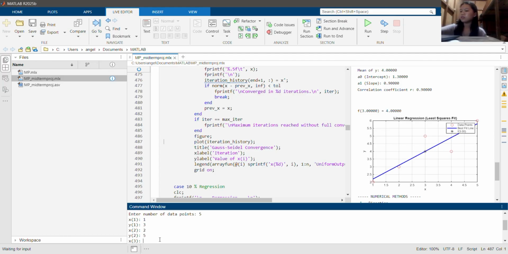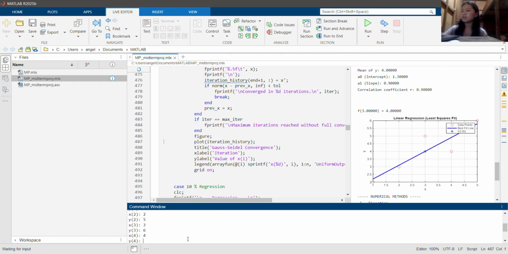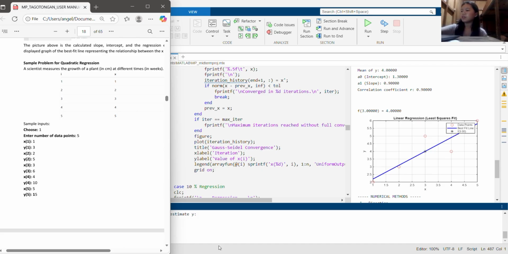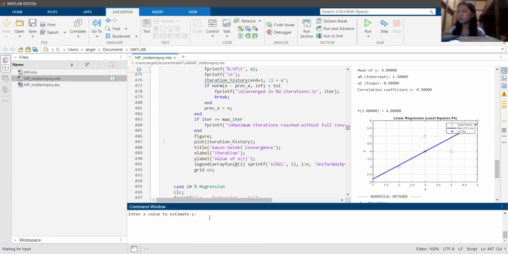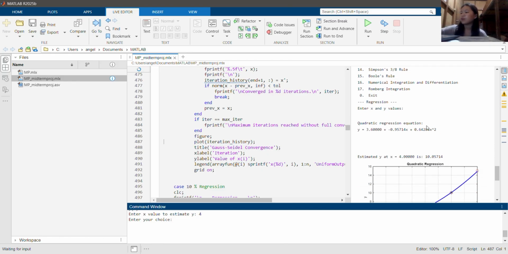One, two, 5, 3, 6, 4, 10, 5, 15, and our x value to estimate y is 4.